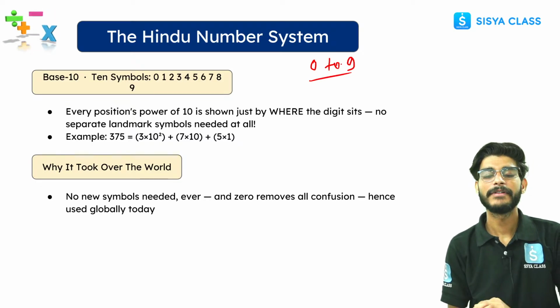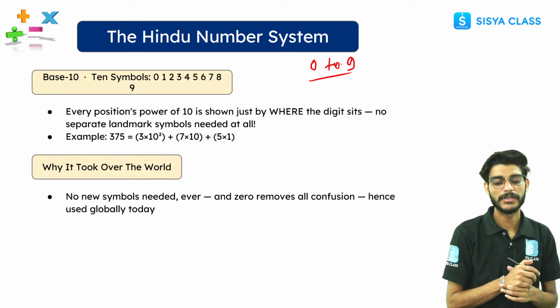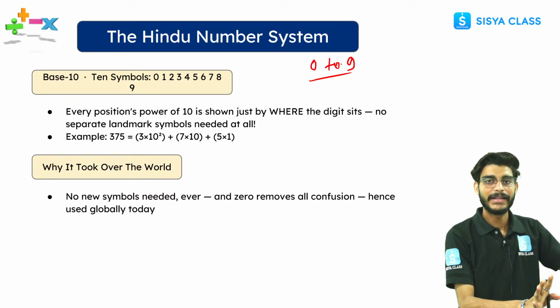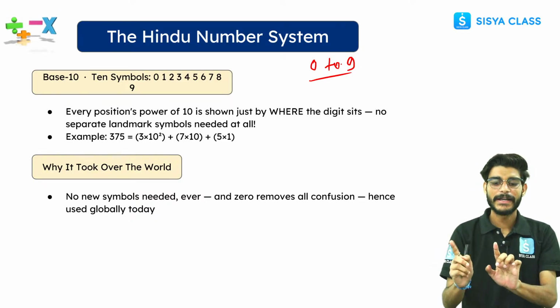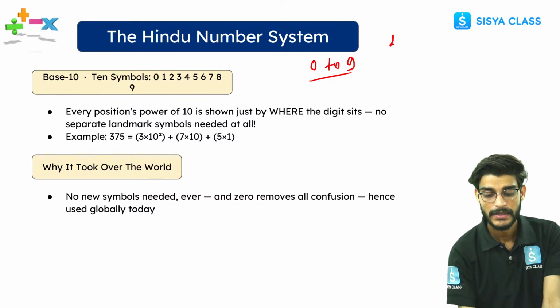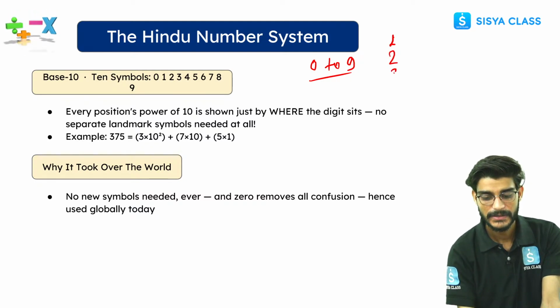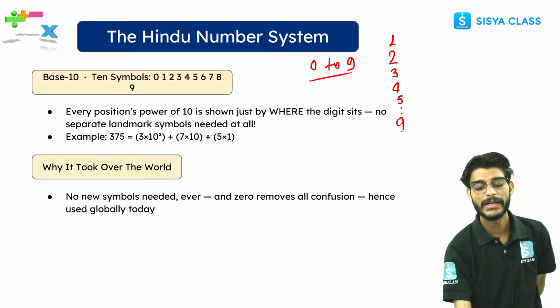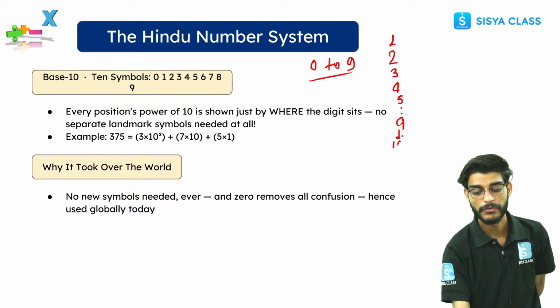If there is no object, I'll denote with 0. 1 object, I'll denote using this symbol. 2 objects, this symbol. 3, 4, 5 till 9. What about 10? I'll denote 10 with 1, 0.